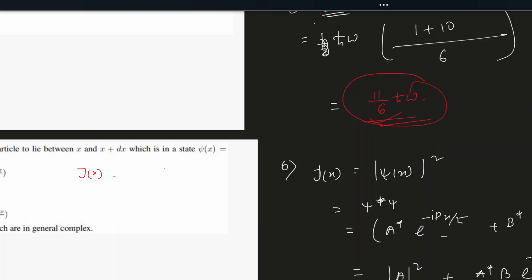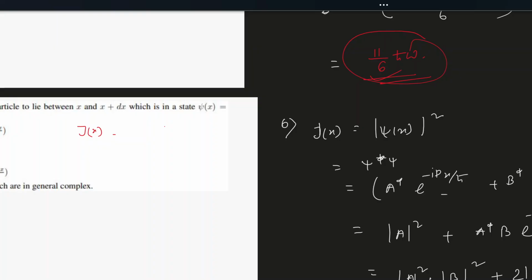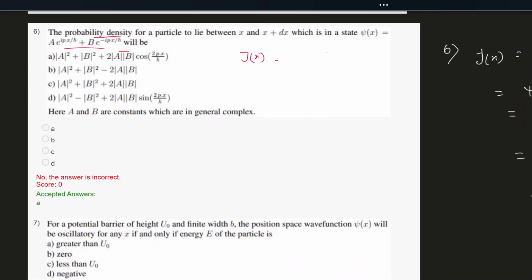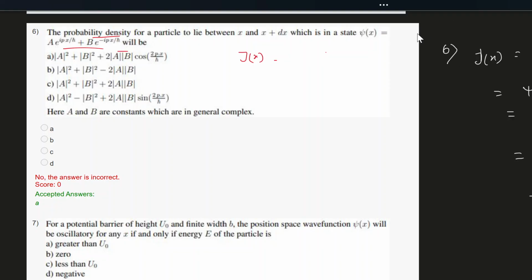So you have to halve this, which means you compensate with a factor of 2. So this thing becomes mod a squared plus mod b squared plus 2 mod a mod b cos 2px by h cut. Sorry, I missed an x here, so this is 2px by h cut. So this is your final answer, and you can see that this answer matches option A, so this is correct.